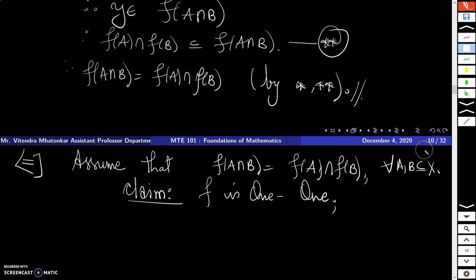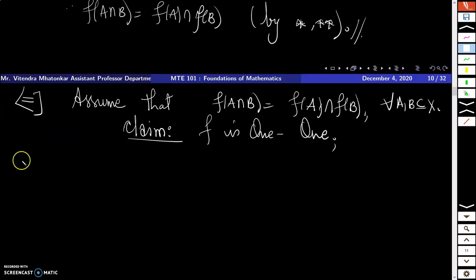Okay, so let's choose 2 points in X which are not equal. So choose x1 and x2 inside the set X such that x1 is not equal to x2.